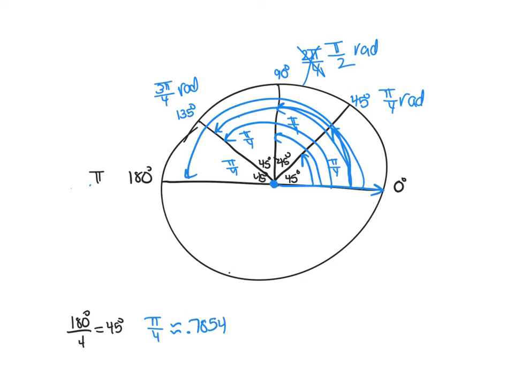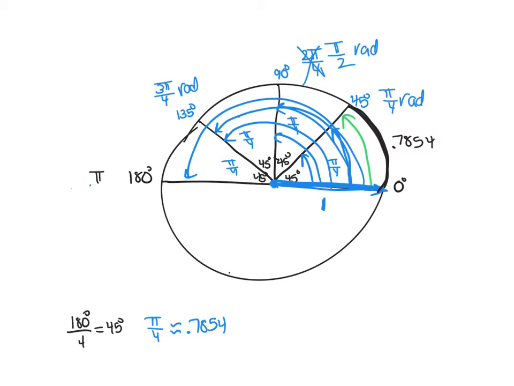So this angle here that we're calling pi fourths radians, that's this, right? That means if you take the length of this radius, which we know in our unit circle is 1, this arc right here equals pi fourths of that, which is 0.7854, okay?